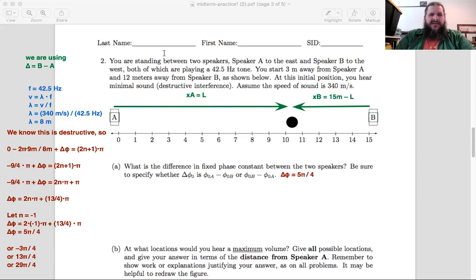So to find delta X in this new situation, we would take, and we want to subtract in the same order to be consistent, B minus A, XB minus XA. Subtract those, and what do you get when you simplify?